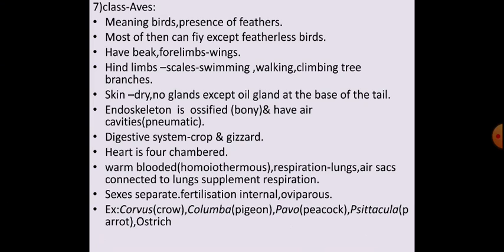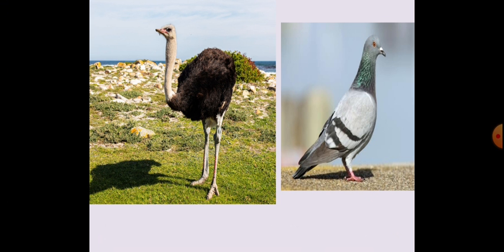Then the hind limbs have scales and are used for swimming, walking, climbing trees or branches. Hind limbs are made up of scales. Look at the legs of hens, they are rough. They are made up of scales.